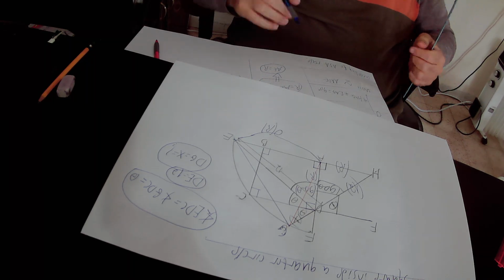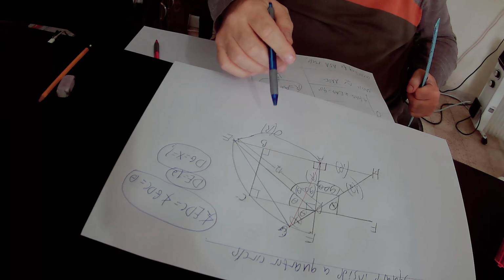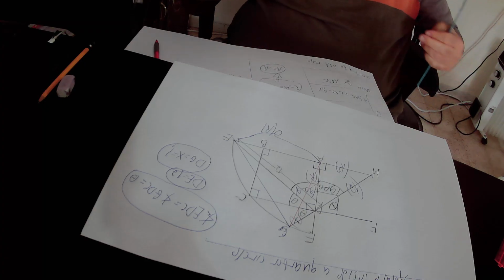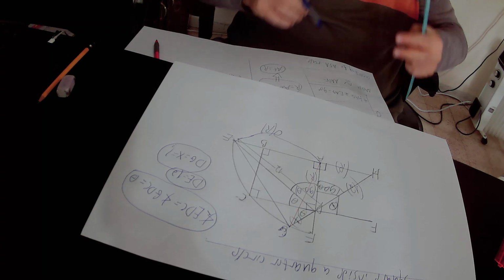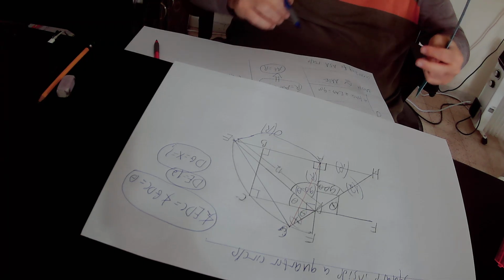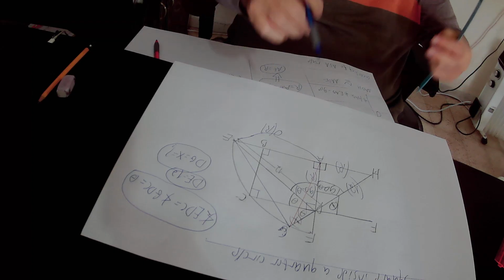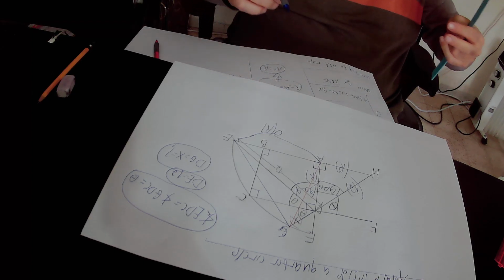So we have two circles with the same center, that is A, and the same radius, that is R. And therefore the two circles are not two circles but one circle. Why? Because if you have two circles with the same center and the same radius, then it is one circle.